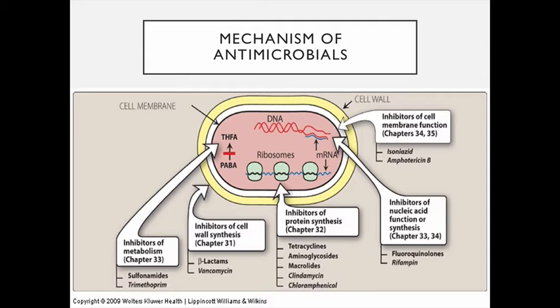The role of bacterial DNA gyrase is that it uncoils DNA during the replication process. Similar to how our DNA has to get sort of unzipped so it can be copied, this enzyme does that as well, but it's a different enzyme than we see in human cells. So the target of the fluoroquinolones is that particular enzyme.